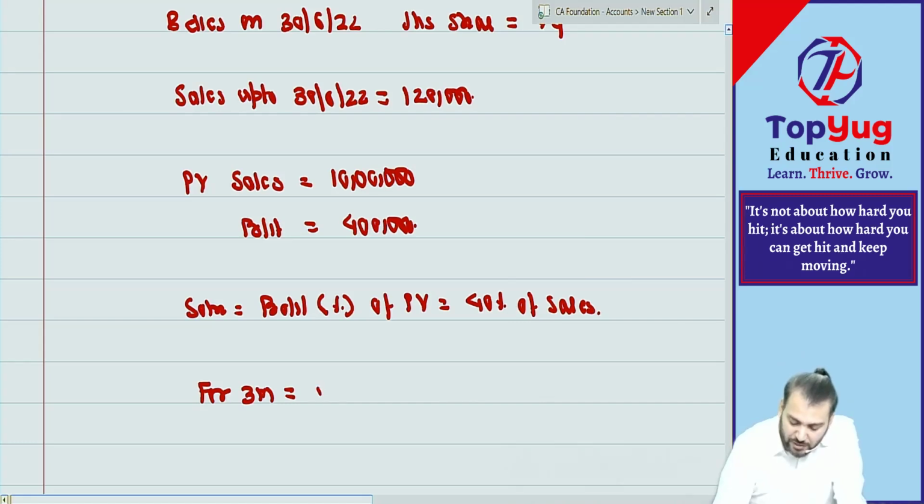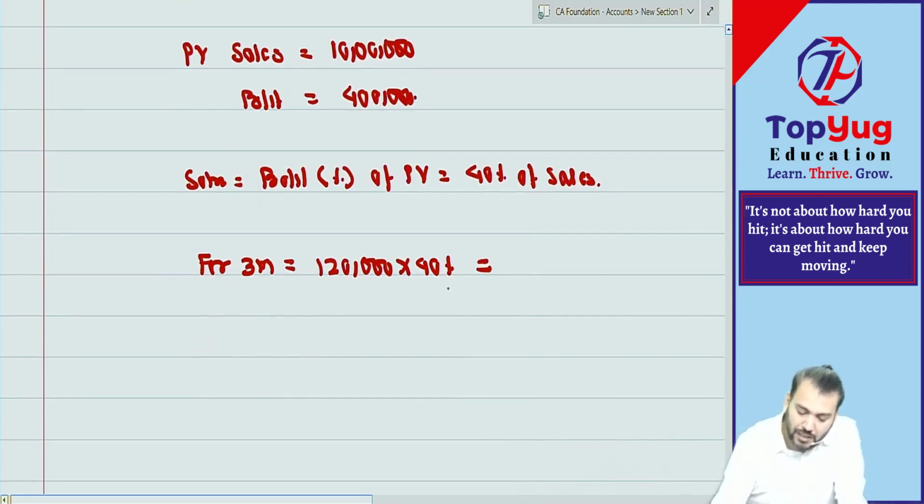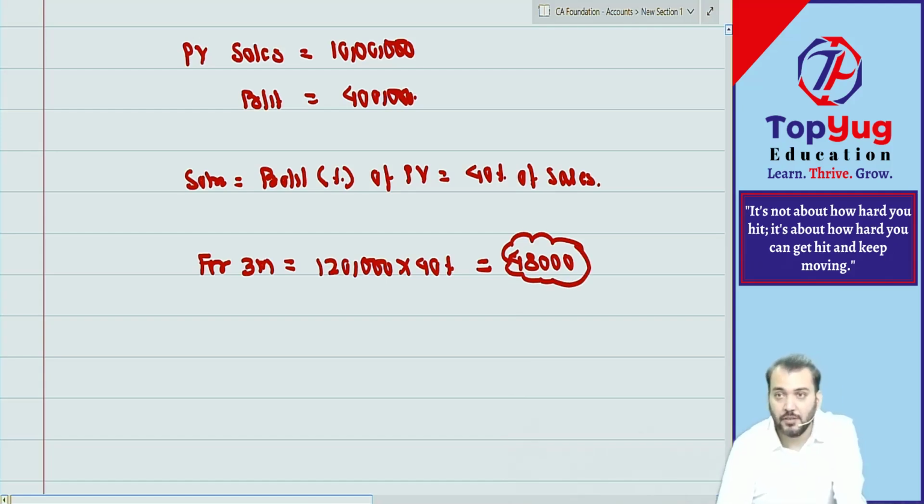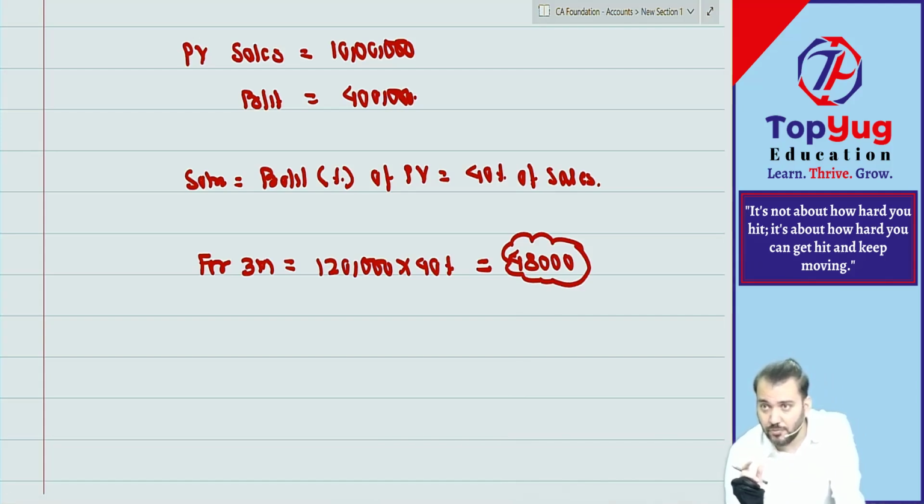Current year 3 months sales how much? 1,20,000. So 40% we can calculate how much? 1,20,000 ka 40% how much? 48,000. So we can calculate 48,000 profit of 3 months. So this becomes profit of 3 months, current year. Understood?